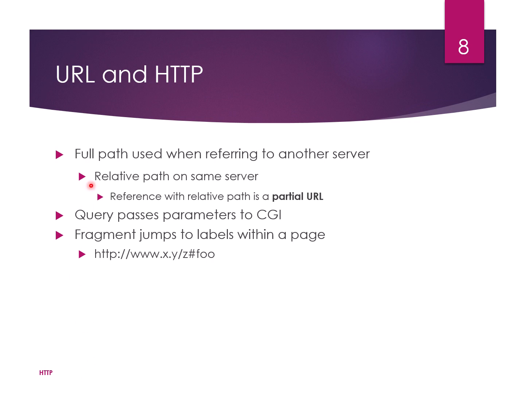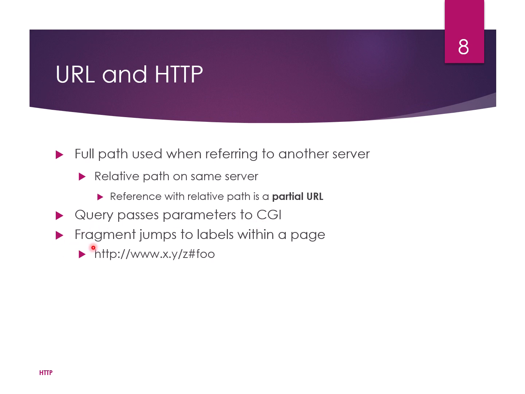Now we learn that a full path is used when referring to another server, and a relative path can be used when referencing a resource on the same server. A reference using a relative path is called a partial URL. The query part of a URL is used to pass parameters to CGI, which means Common Gateway Interface program.